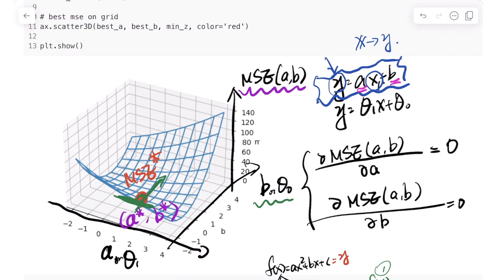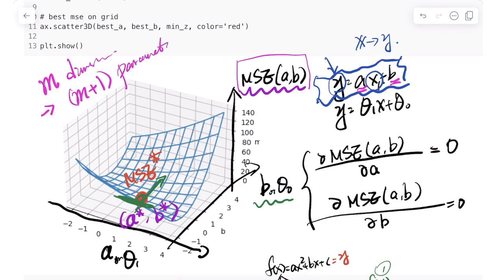And in these 2 parameters, in the space of MSE, we can plot this value in a 3-dimension space. So if we have m dimensions, there should be m plus 1 parameters, and then we can plot their MSE value in m plus 2 space, right?